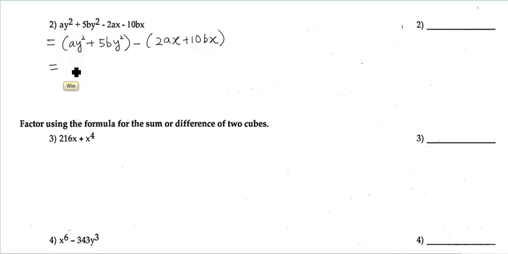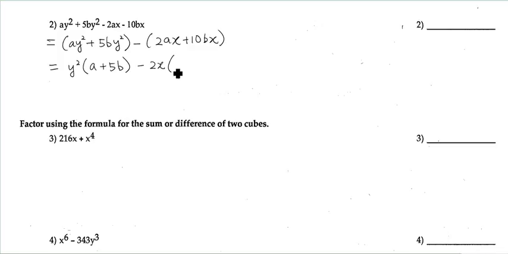Do we have anything in common? Y squared is in common. So we have the A plus 5B left. Minus, from the second group, we have the 2x as the common factor.